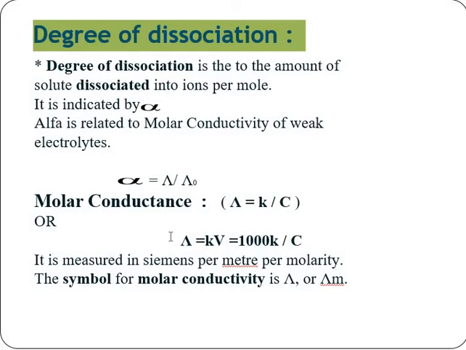So, how can you remember degree of dissociation? It is the number of moles dissociated from the total number of moles, and this degree of dissociation is applicable for weak acids and weak bases.